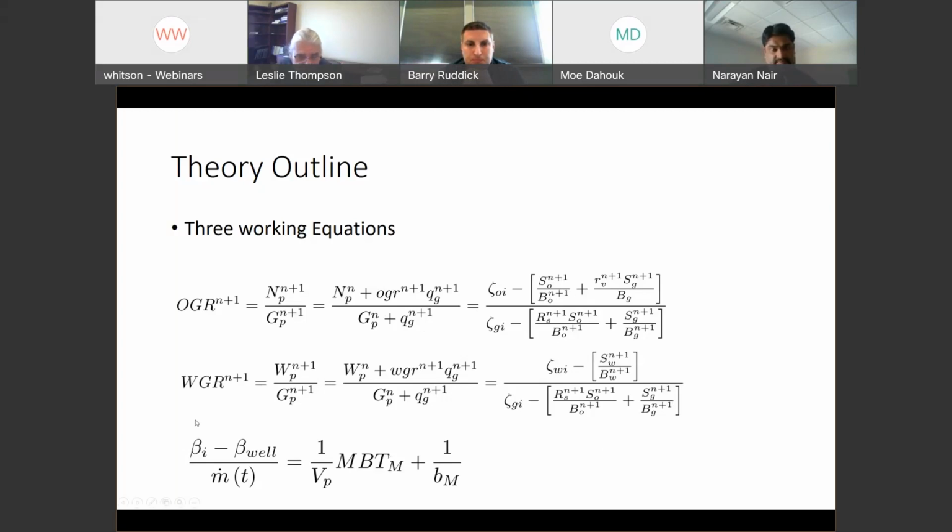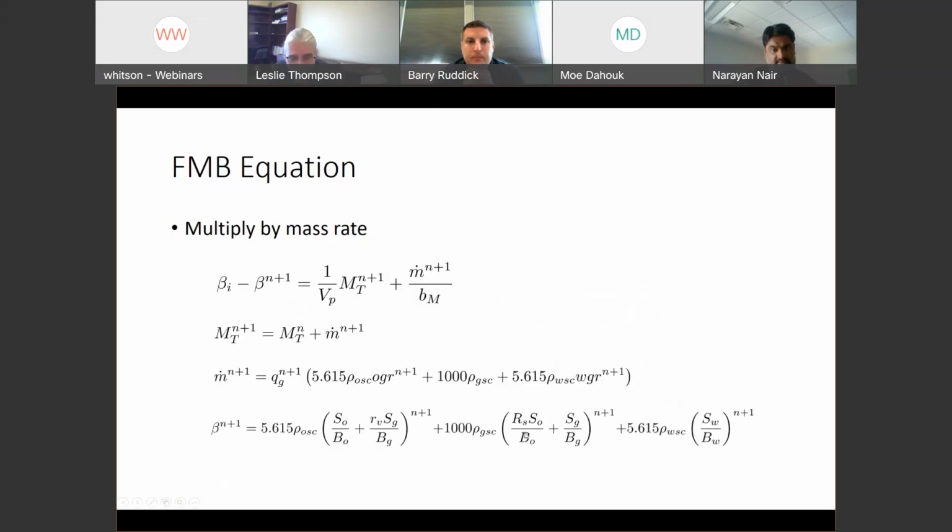I'm going to show you that we can do the same thing for the flowing material balance itself. So let's just look at that flowing material balance. And if I multiply through by the mass rate tomorrow, then I get something like this. And I have here, this is the cumulative mass that I'll produce tomorrow. And this is the mass rate tomorrow. Of course, this is the density tomorrow.